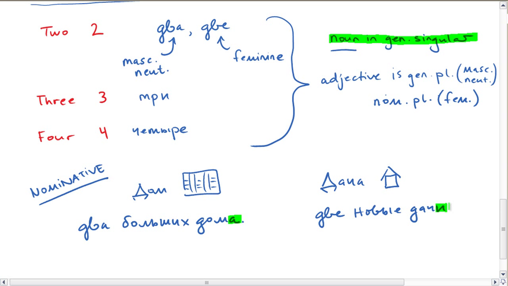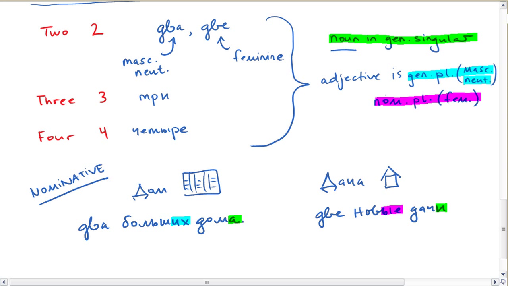So those are both the genitive singular endings. And our feminine adjective is a nominative plural, right? Novye. And our masculine adjective is genitive plural.